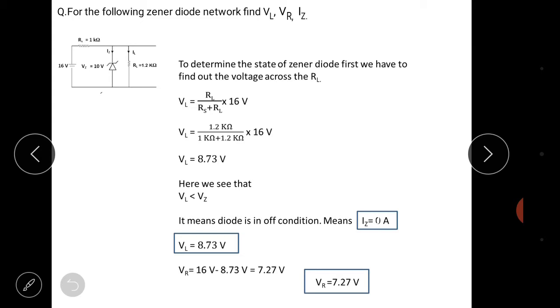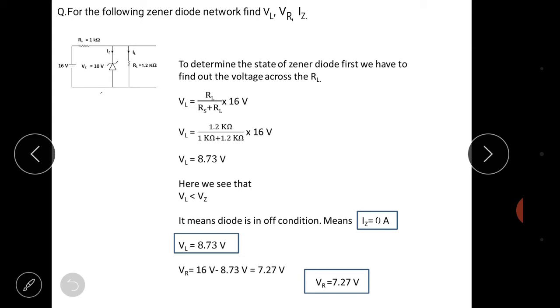To solve the questions of Zener diode, the first step is to determine the state of the Zener diode, whether it is in the breakdown region or not. And to determine the state of the Zener diode, first we have to find out the voltage across RL, because the Zener diode and load resistance are parallel to each other.